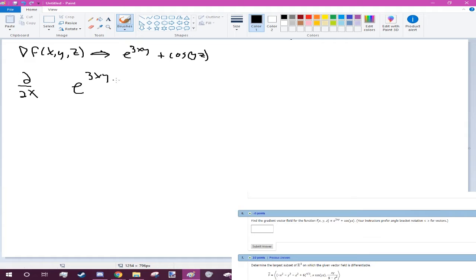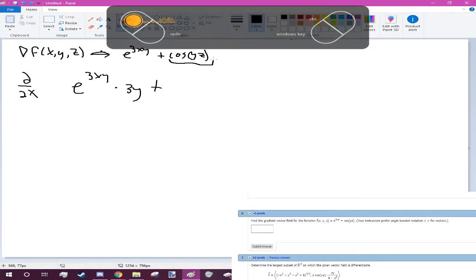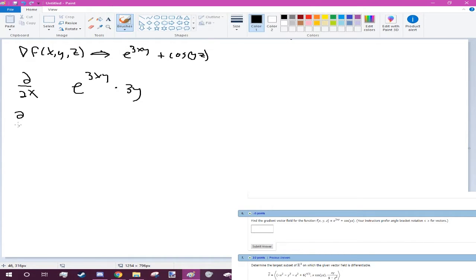E to the 3xy times, this is just a number if it's not an x. X goes to 1, so this is times 3y. Plus, there are no x's in the cosine, so it's just a number, and the derivative of it is 0. So we have no plus here.